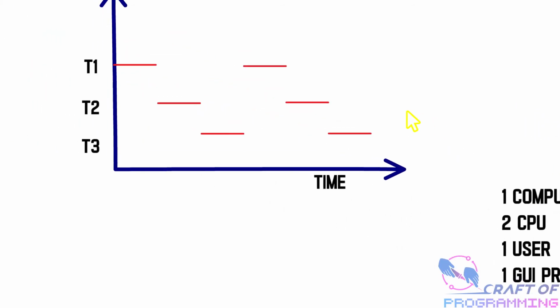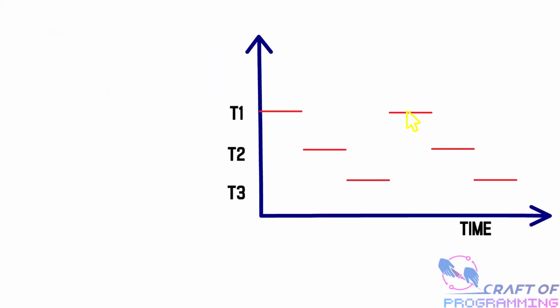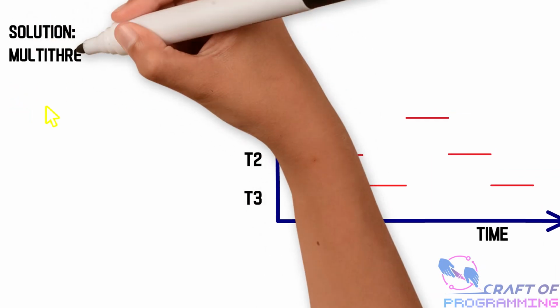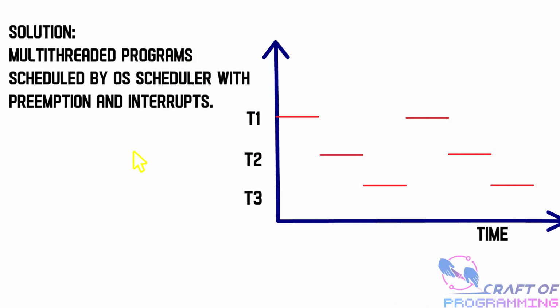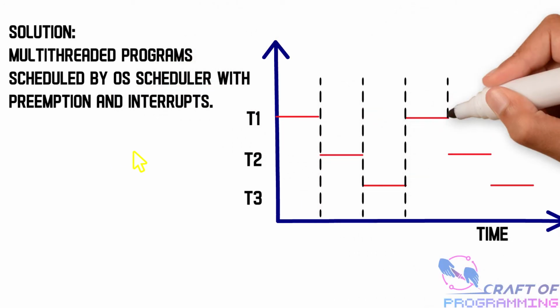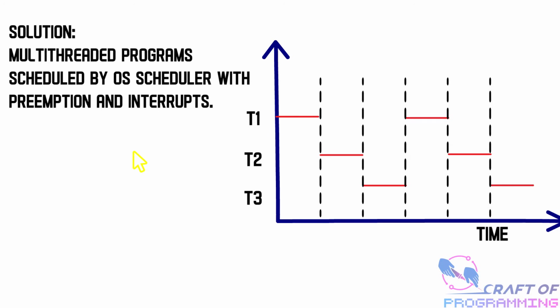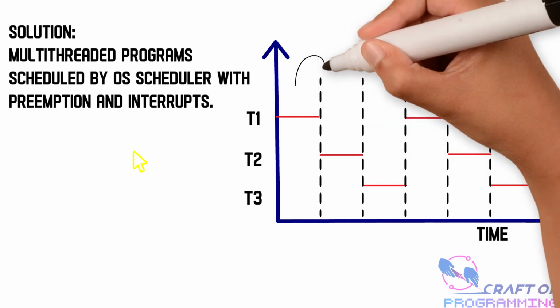So what is the solution to this problem of CPUs being much faster than I/O? It is to use multi-threaded programs that the operating system scheduler takes advantage of. Each thread is then scheduled by the operating system scheduler.